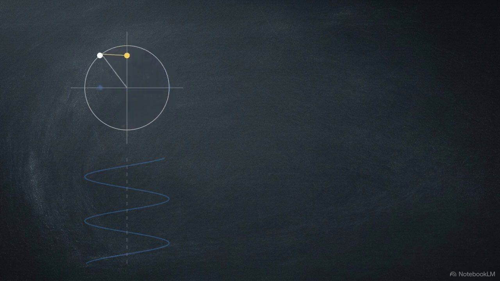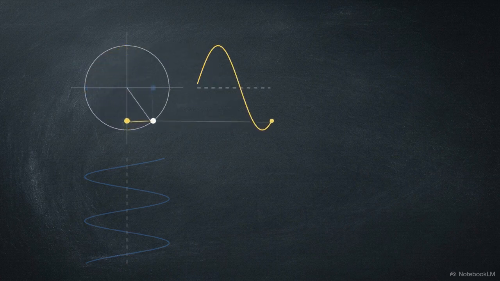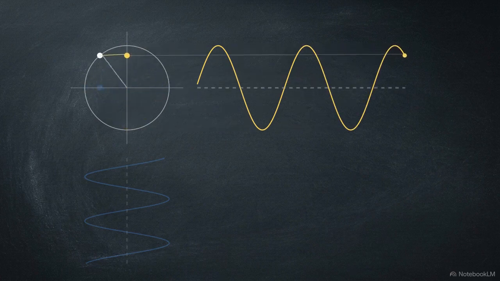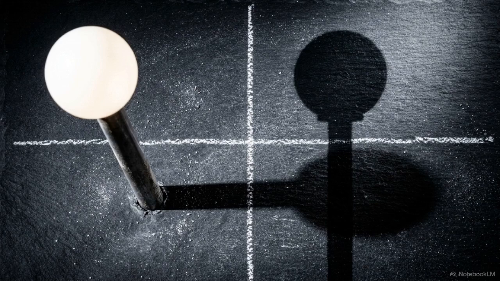Shift your focus to the y-axis. Ignore the horizontal and track the purely vertical projection bobbing up and down. When we take that vertical bob and plot it forward across time, it traces a perfect sine wave. Sine and cosine waves are the one-dimensional shadows of a point rotating in two-dimensional space.